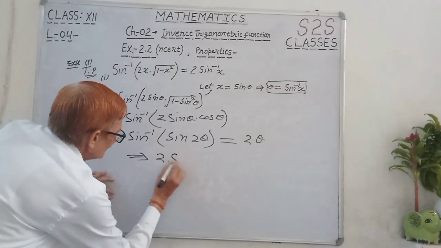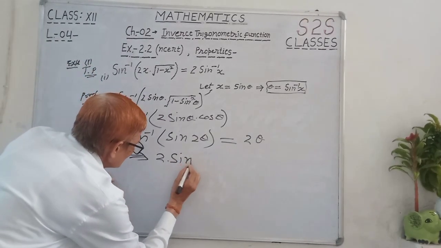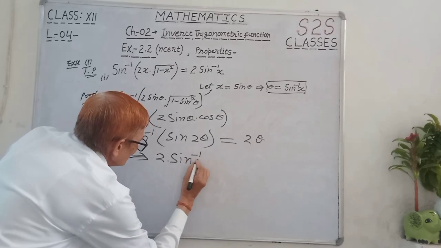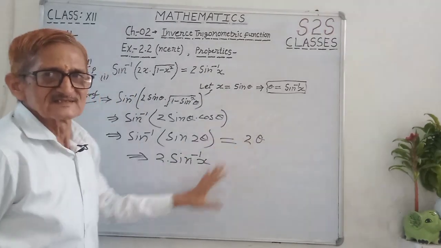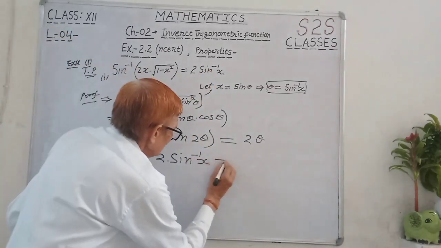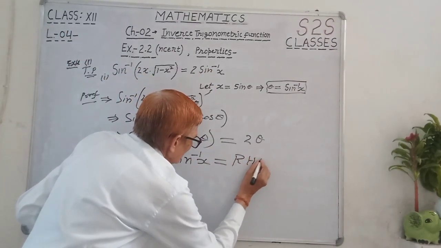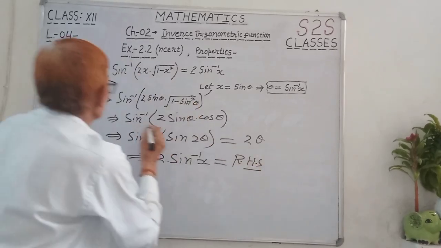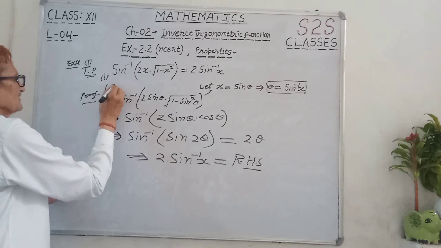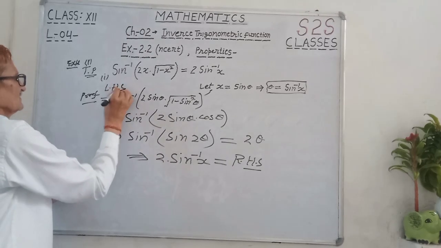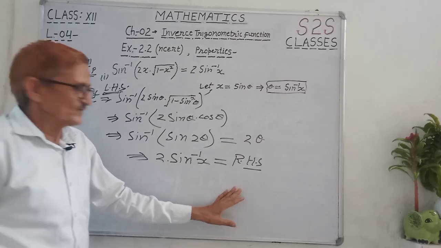So 2 sin inverse x. Theta is sin inverse x. Then it equals the right hand side, RHS. Hence proved. This is taken as LHS. Okay. Hence proved.